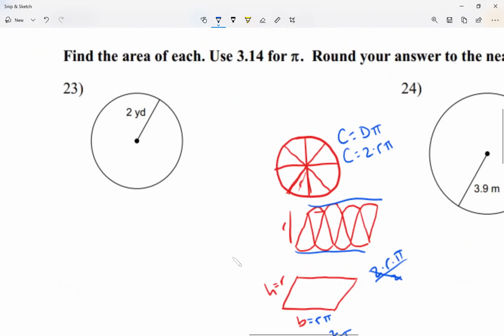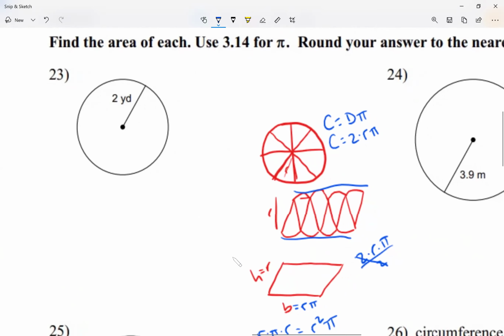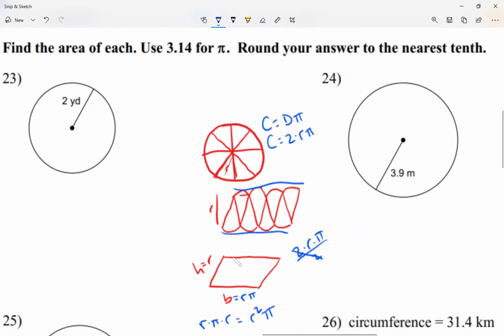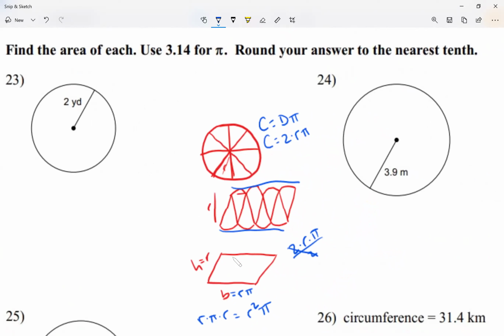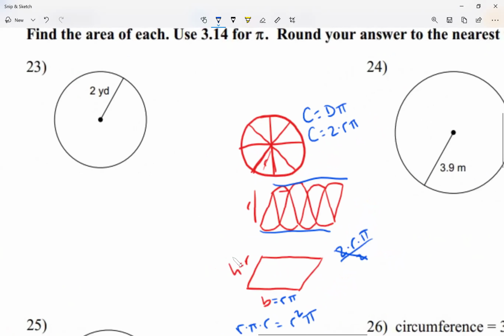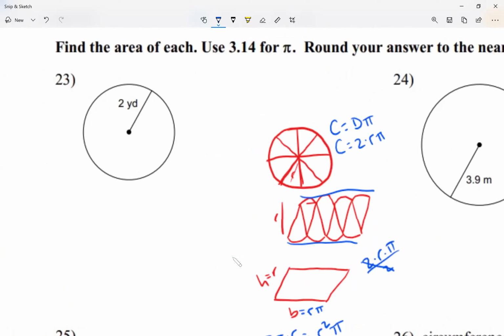So let's take a look at question number 23. The instructions to begin with say: find the area of each, use 3.14 for pi, and round your answer to the nearest tenth. So round your answer to 1 decimal place, not the work. And I just told you guys the formula, we figured it out, it's going to be radius squared times pi.